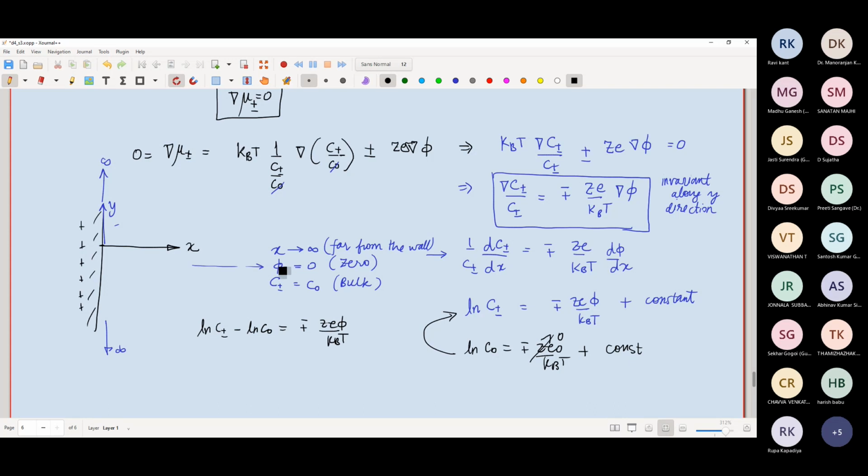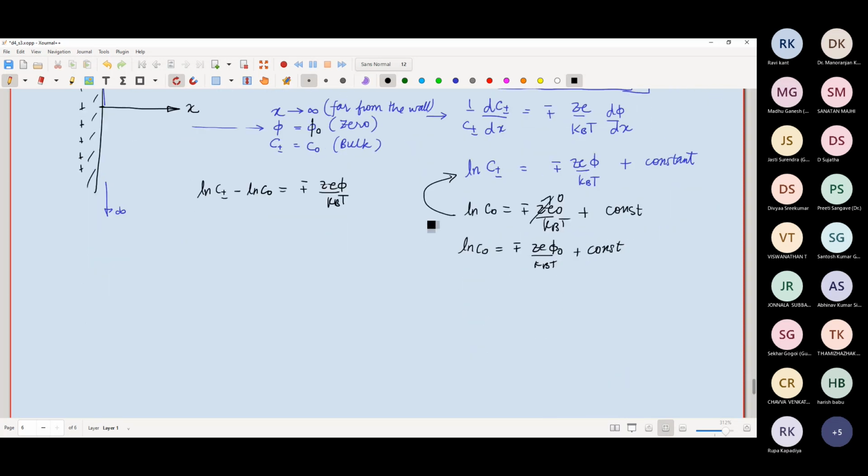In fact, if phi was not equal to 0, but equal to some bulk potential phi naught, we would have obtained somewhat the same result. In that case, we would have log c naught is equal to minus plus z e phi naught over kBT plus constant.